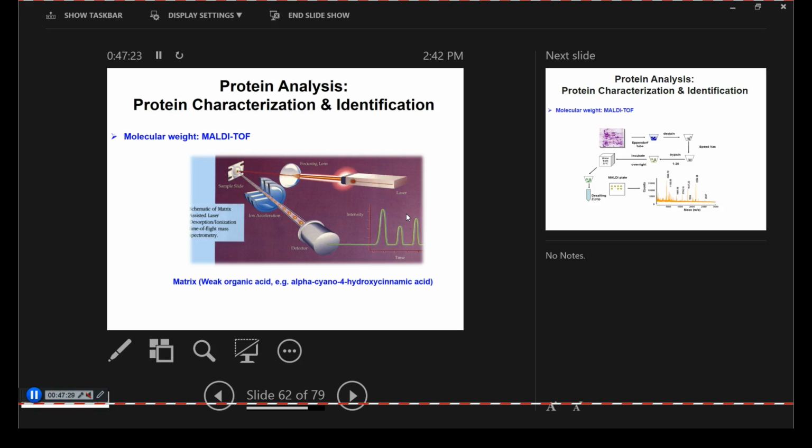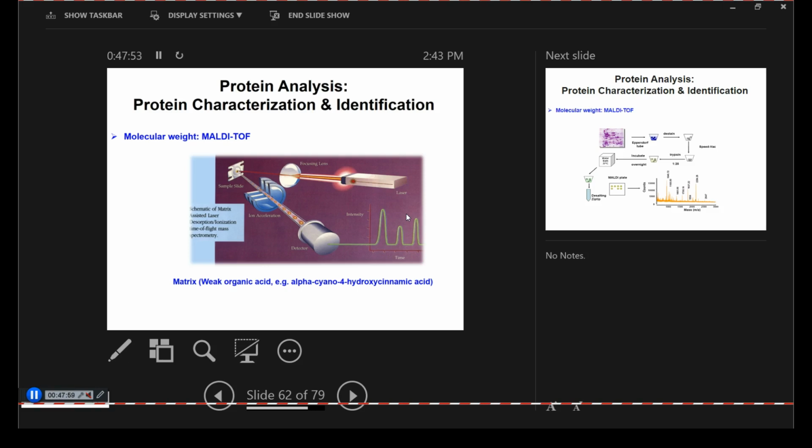And then what happens is we project a laser on the spot where we have our sample with the matrix. This is a highly active absorbent of light. So it will absorb the energy and heat up and cause ionization of the sample, either deprotonation or protonation. That means either giving it a proton to make it positively charged or taking out a proton to make it negatively charged.